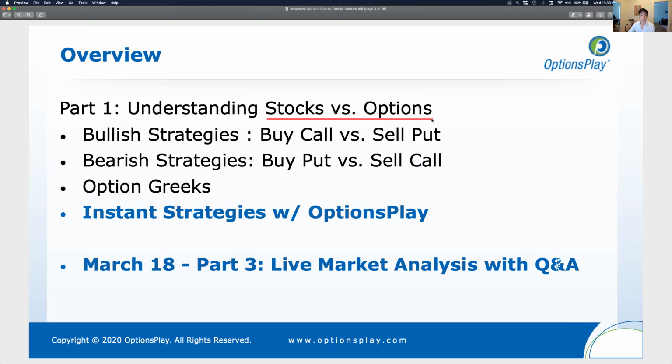When it comes to options, there are a lot more factors at play, and the Greeks help us understand what those factors are and how big of an impact they have on the value of the option we're buying or selling. It's easy to calculate the value of a stock because the price is published. If the stock goes higher, you know exactly how much money you'd make. If it goes lower, you know exactly how much money you would lose.